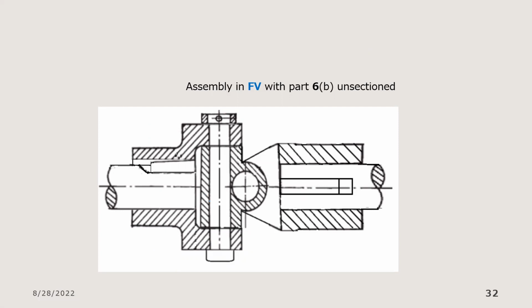So we have this to be part 2, we have this to be part 1, and here's the newcomer, part 6, which is the other instance of the key. This is the first part 6. This is the new instance of part 6.